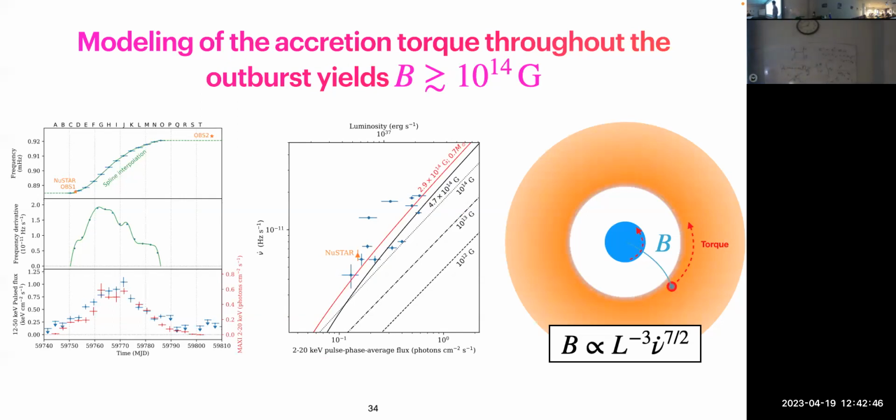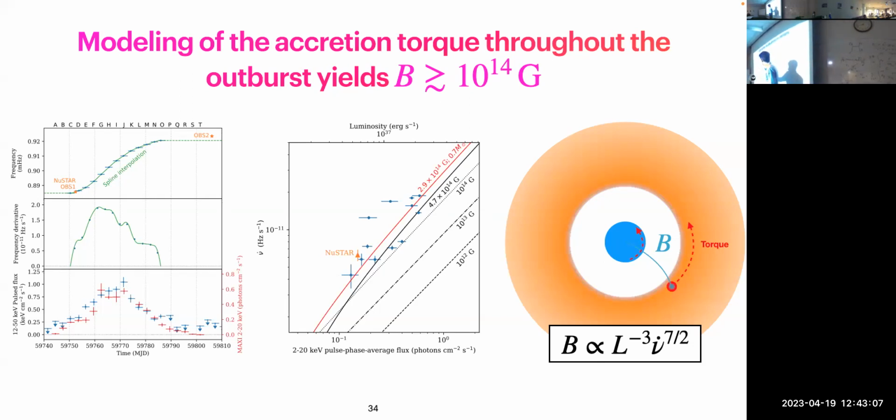So Fermi was able to trace the frequency of the neutron star throughout the entire outburst, right? So we had in orange here, I'm showing the frequency that we measured with NuSTAR during the outburst. Here's the max count rate again. So this is kind of smoothed out what the outburst looks like. And you can see that it traces this outburst really well.